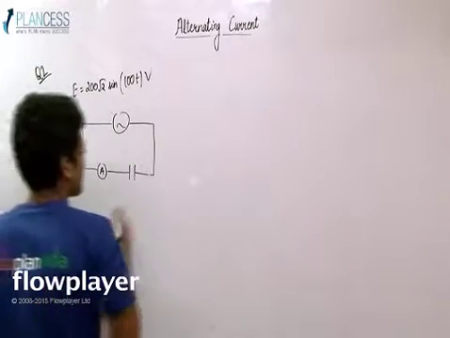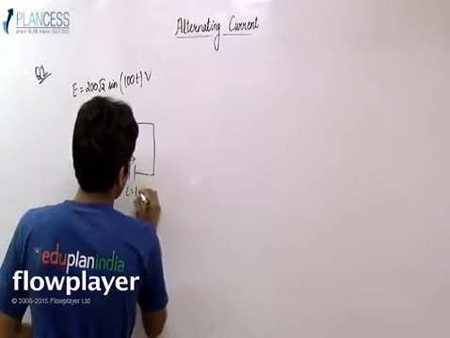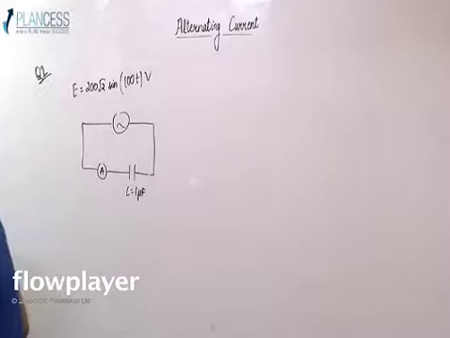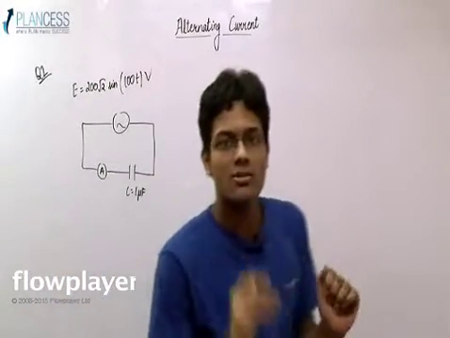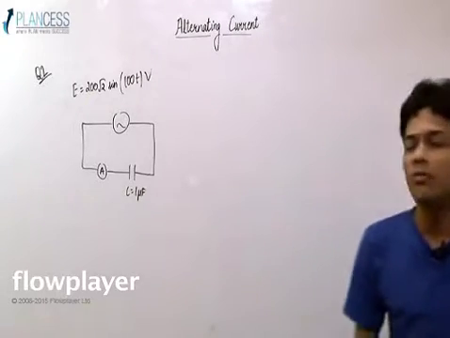The capacitance of the capacitor is given to be 1 microfarad. What would be the reading of the ammeter? Now, the question asked is what will be the reading of this ammeter.